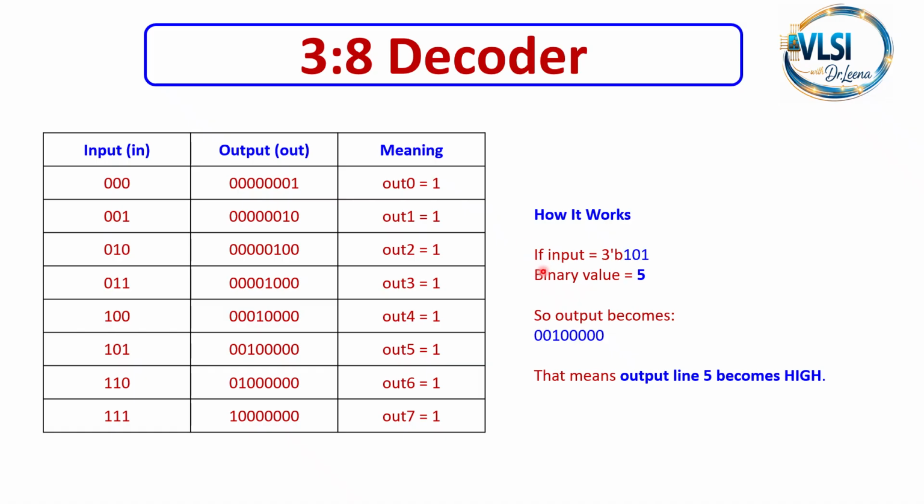If the input is the 3-bit binary 101, then the binary value of it is 5 and the output becomes 0, 0, 1, 0, 0, 0, 0, 0. That means the output line 5 becomes high. Similarly, for all the cases, this is applicable.